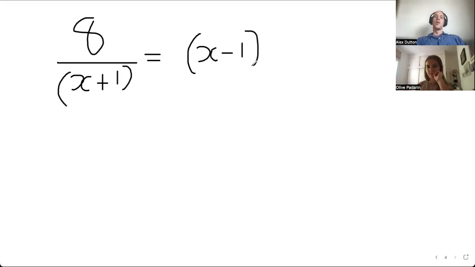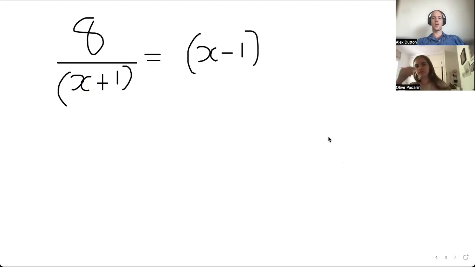No. One of the big things that makes it not look like a quadratic is the fact that the unknown is on the denominator. Therefore, what do you think we have to do? Probably get rid of the denominator. So what do we do?